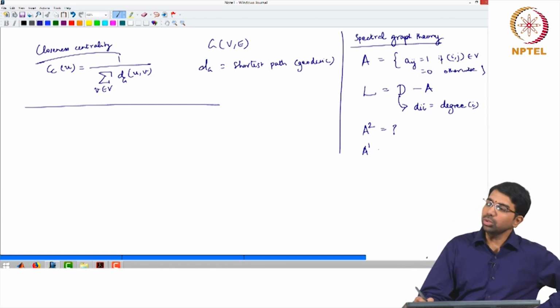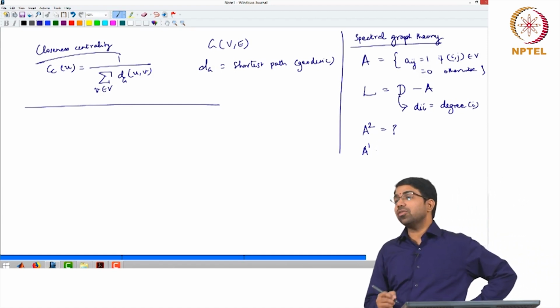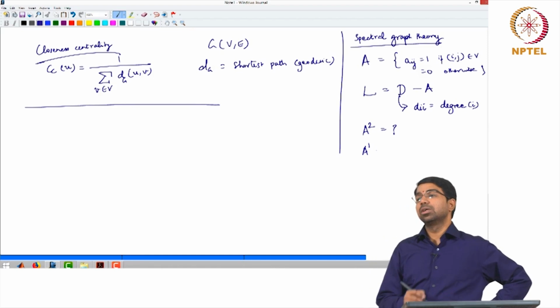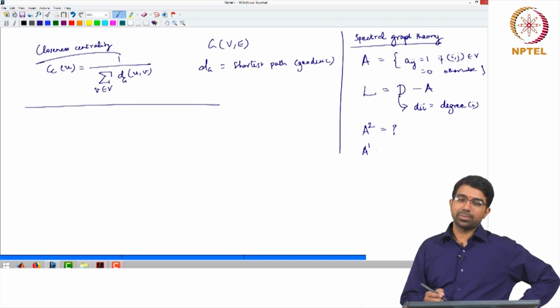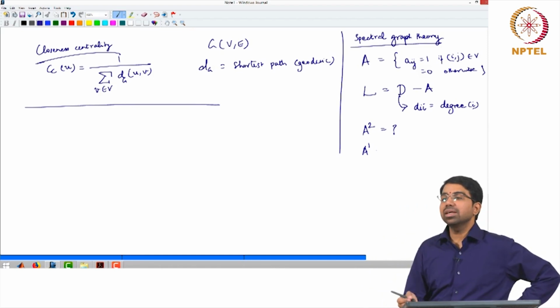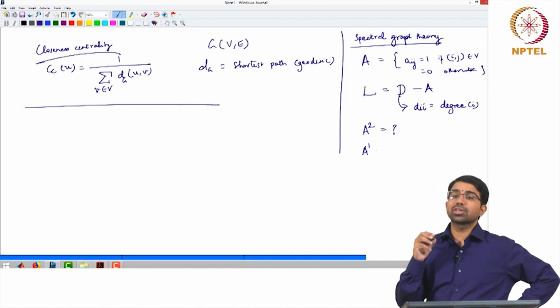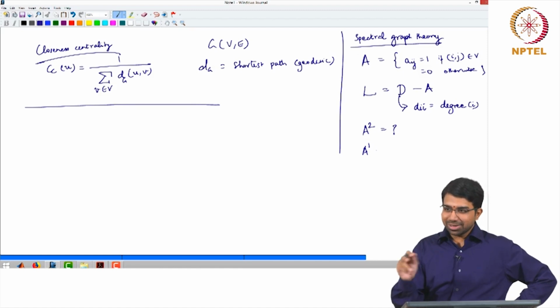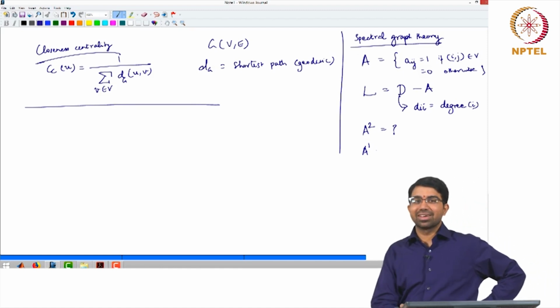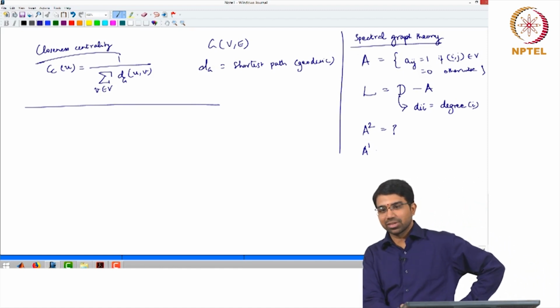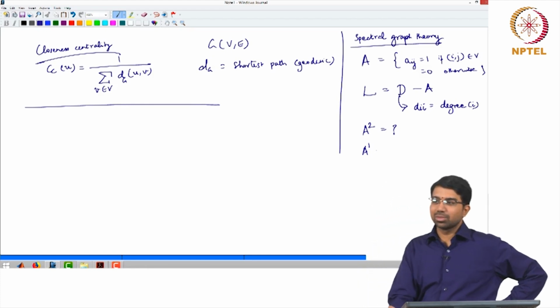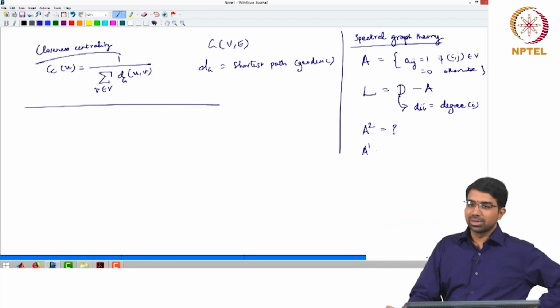A to the 2 will tell you if there is a path of length 2 between i and j, and A to the 3 will tell you if there is a path of length 3 between i and j. You have to just do the matrix multiplication and convince yourself of this. This is actually a pretty cool trick to use paths.